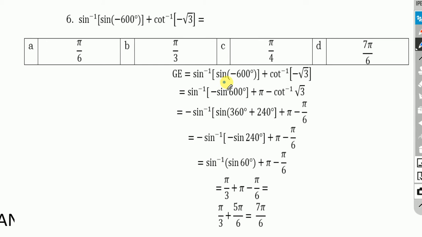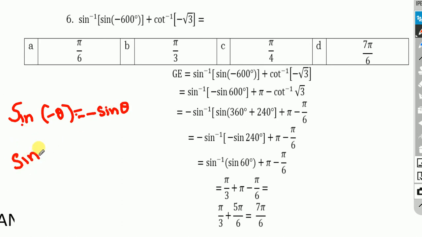Now sin of minus theta is minus sin theta. We know that sin of minus theta is equal to minus sin theta. So sin of minus 600 will be equal to minus sin 600.